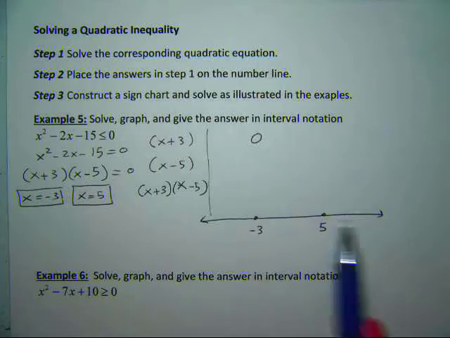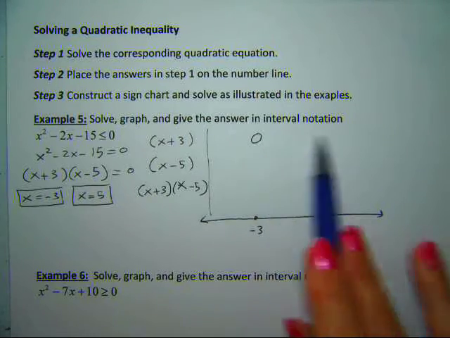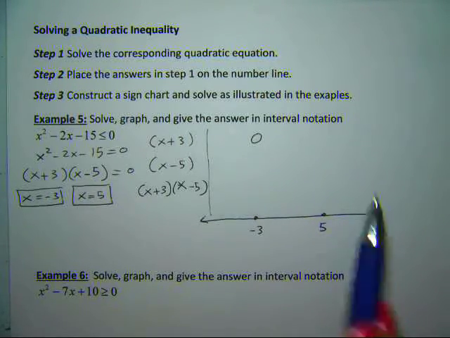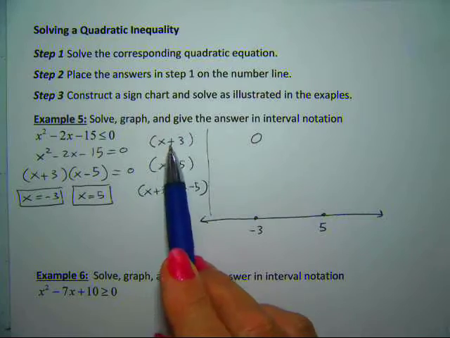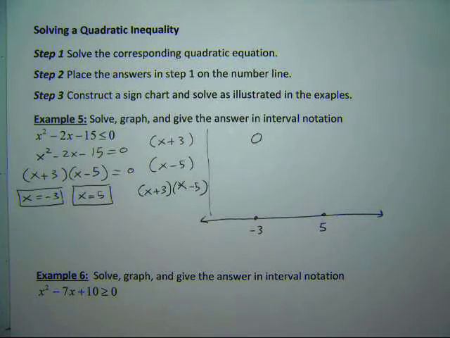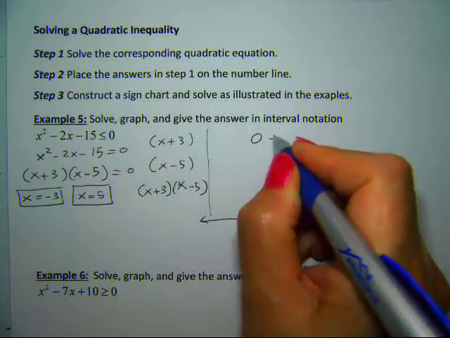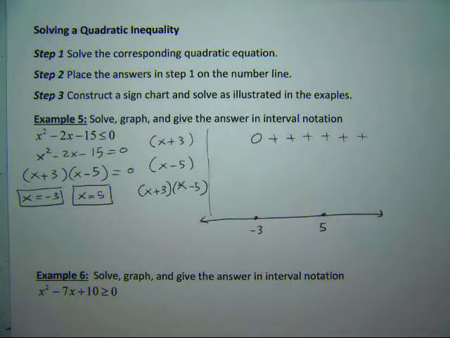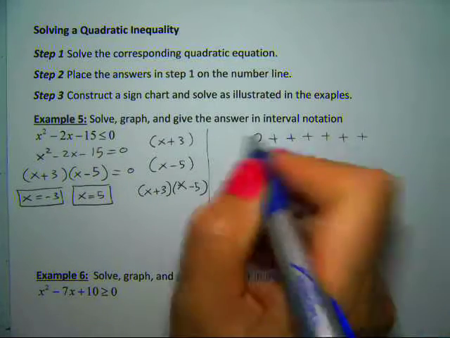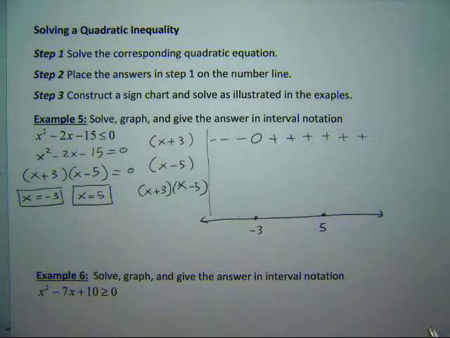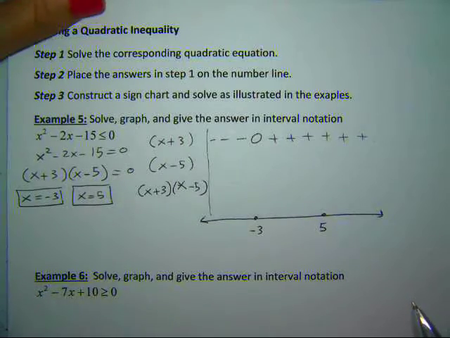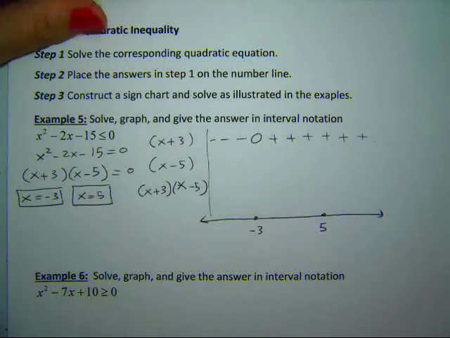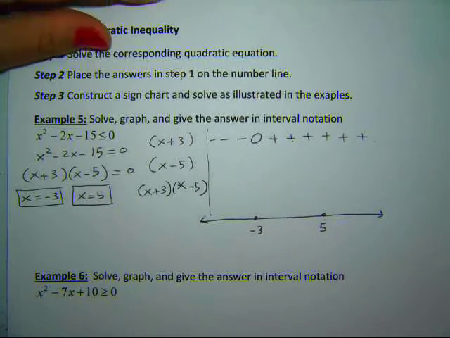So let's say 7. 7 is to the right of negative 3. Test 7. 7 plus 3 is a positive number, right? That means to the right of this 0 is a positive number. And if this is positive, then this is automatically negative, because that's the only way a factor could be: either 0, a positive, or a negative.